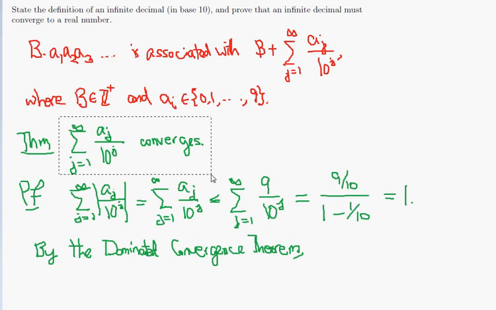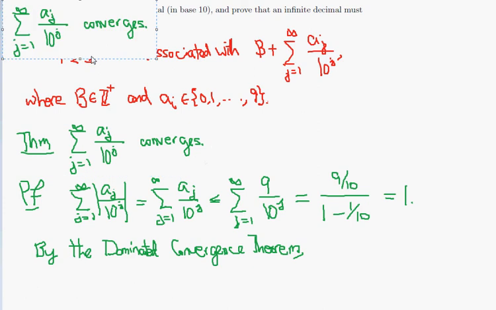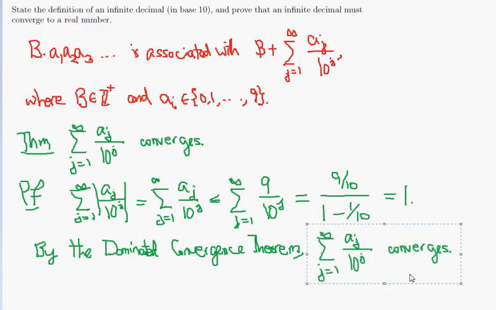Let me just copy it over just because that's the conclusion. By the dominated convergence theorem, this series converges. And that is the end of the proof.